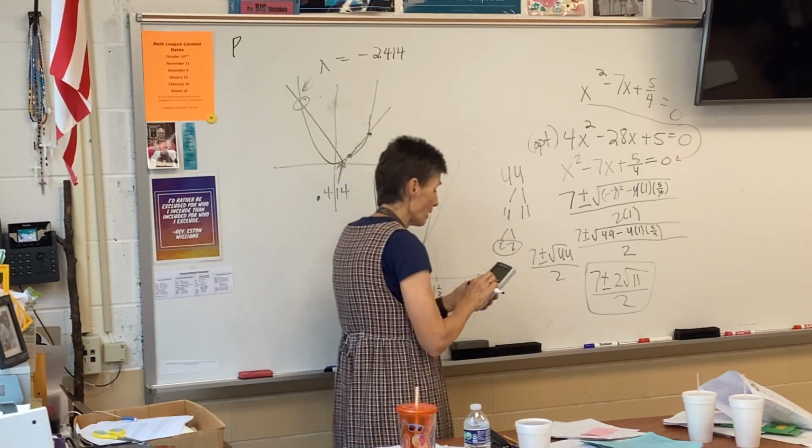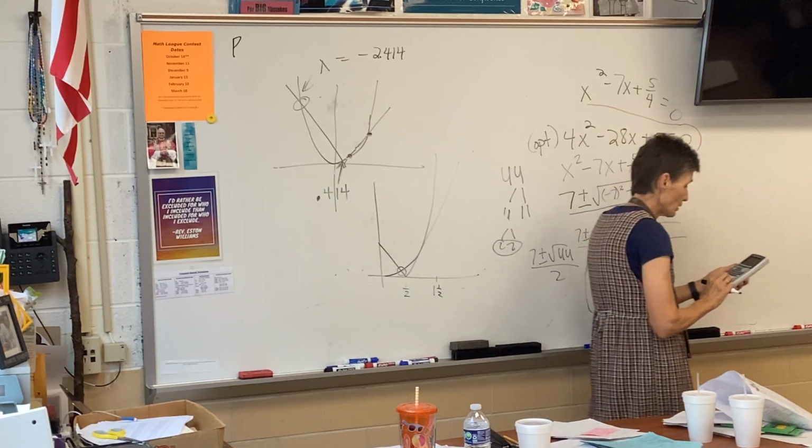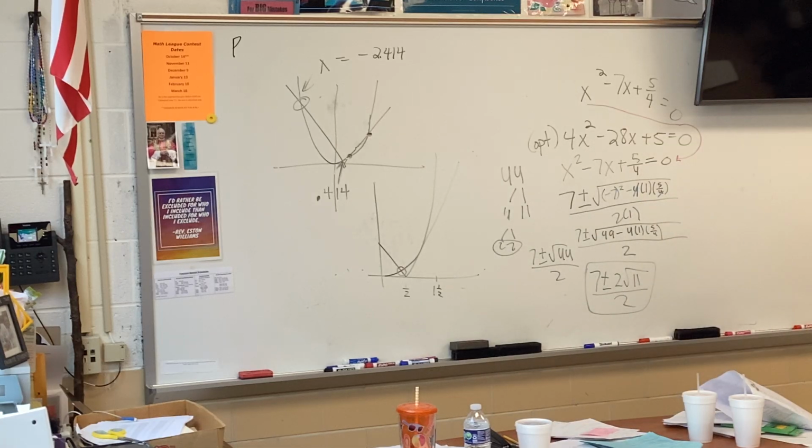So I'm gonna go back to my window, and I'm gonna change my x min to 0.5 and my x max to 1.5. And I'm gonna change my y's to maybe 1/2 and 1.5 also. Let's try that.